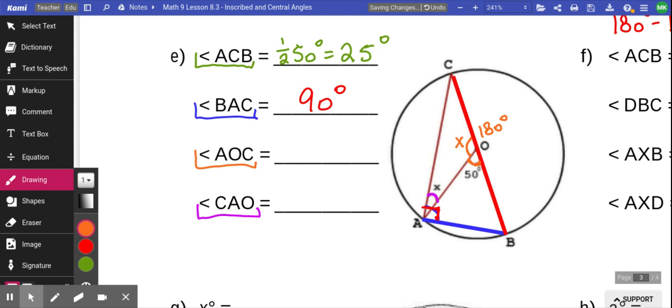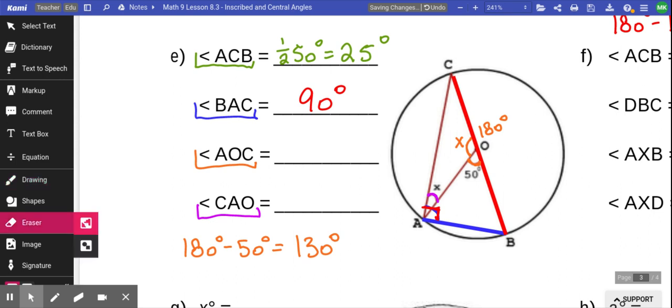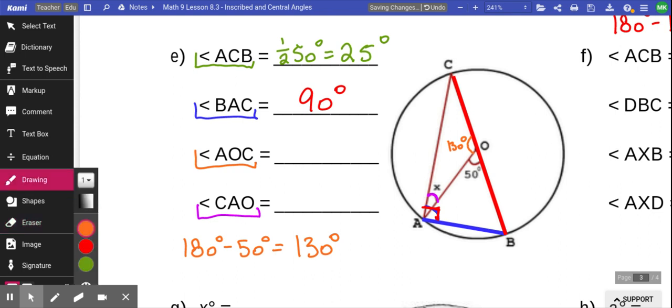The way I can get it is by going 180 degrees and subtracting 50 degrees. That would tell me that the missing chunk is 130 degrees. So from A to O to C, right there is 130 degrees. That's because that's a straight line, and straight lines always have angles of 180.